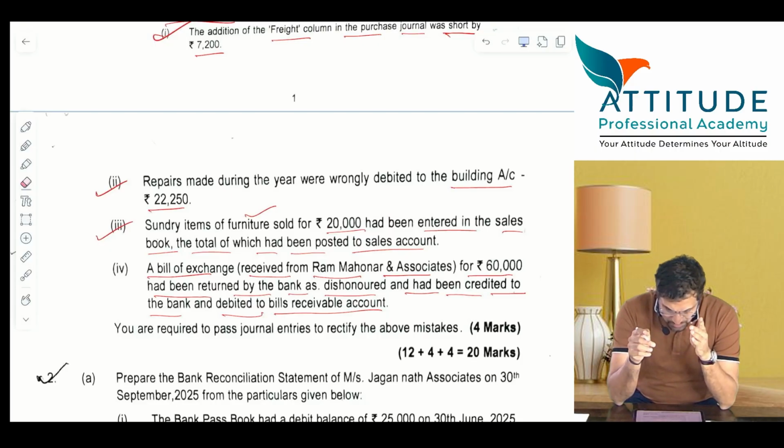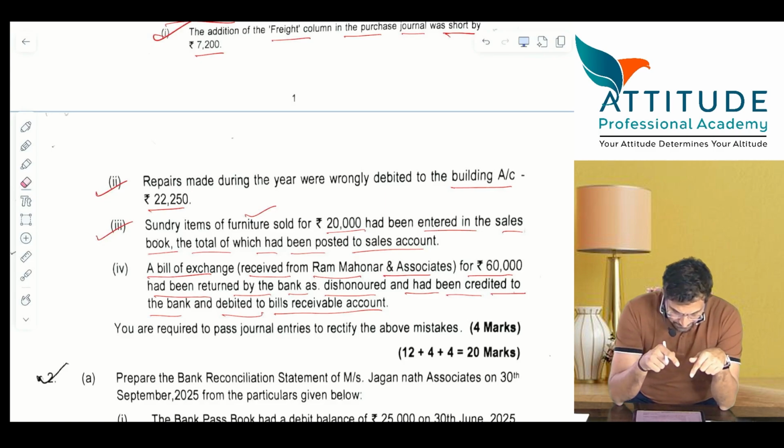Bills receivable, which is already received from Ram and Associates, 60,000, had been returned by the bank as dishonored and had been credited to what? Bank and debited to bills receivable.